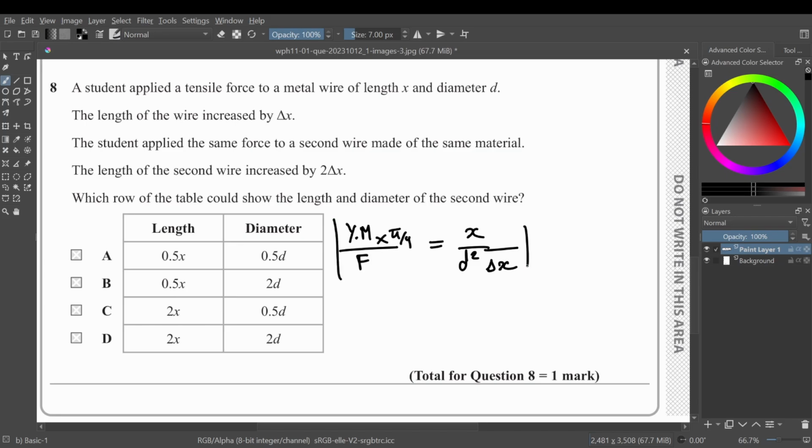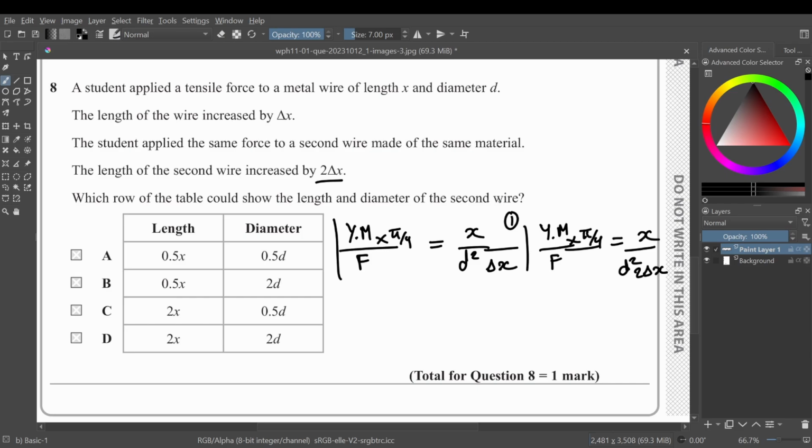Let's say this one is for wire 1. Now to make it for wire 2, you just need to substitute this value in here. Basically it's 2 times the extension, right? So it's Y.M by F times pi by 4, right, x by d square and 2 times delta x, right? So nothing has changed, just the extension has increased.